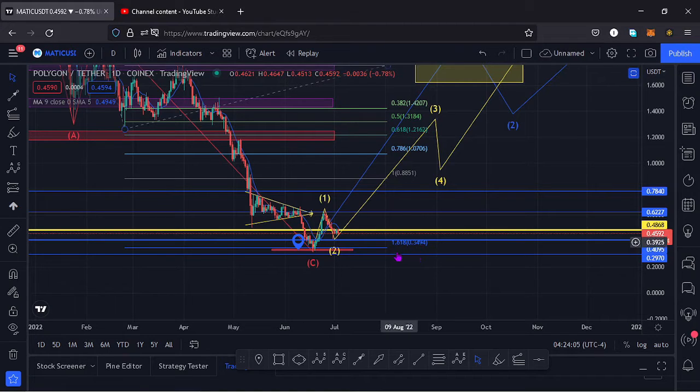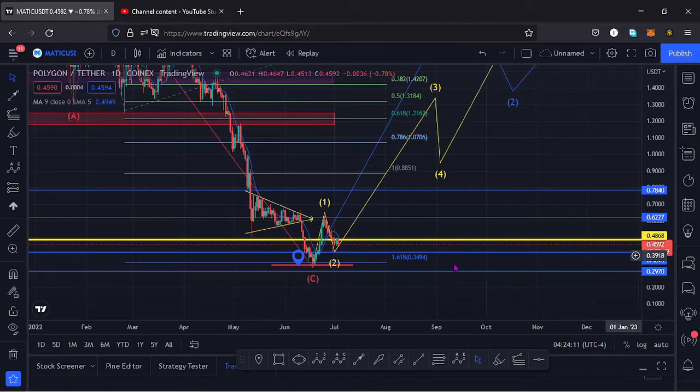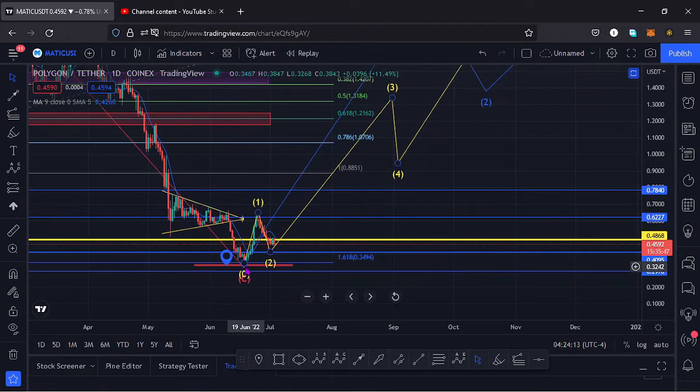You can see that takes us to around the $0.34 mark, and the ABC correction has gone to around the $0.31 mark, and that would mean it's possible that the low is in, and soon we might see that move to the upper side.